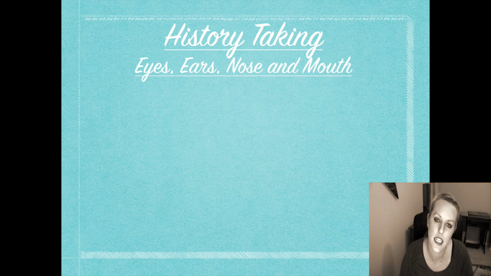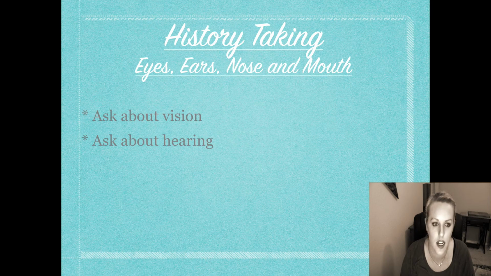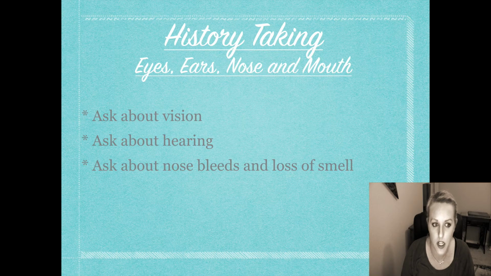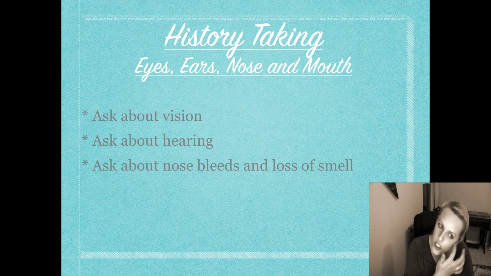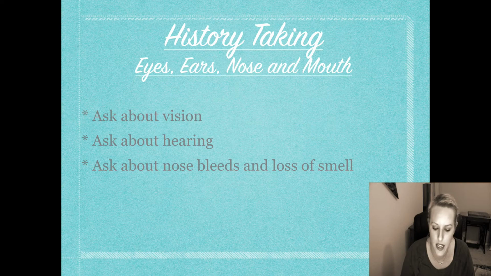Moving on to head and neck. Severe headaches should always raise concern. Severe headaches, loss of consciousness, they could be potentially life-threatening conditions. Eyes, ears, nose, and mouth. We need to ask about vision, ask about hearing, nosebleeds, loss of smell. When we ask about vision, we need to see if they've been seeing spots, or has their vision been getting worse?